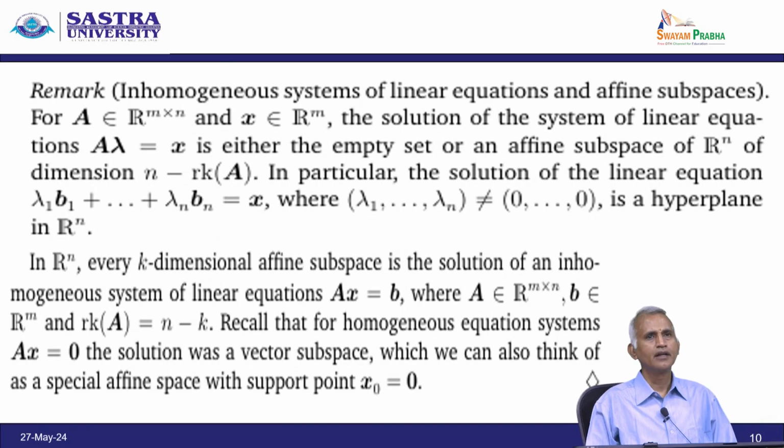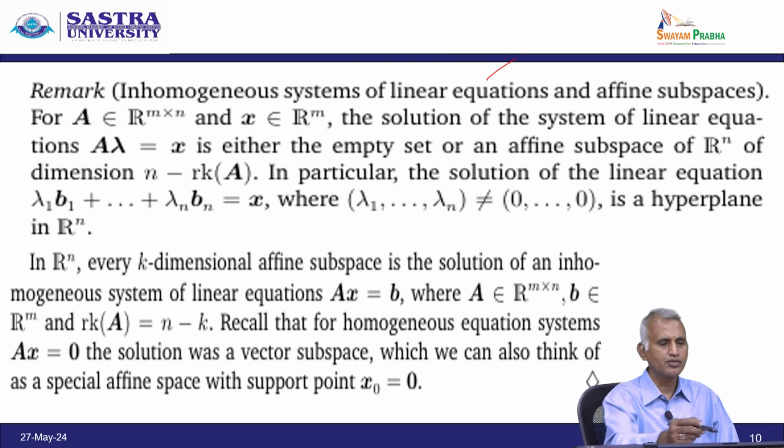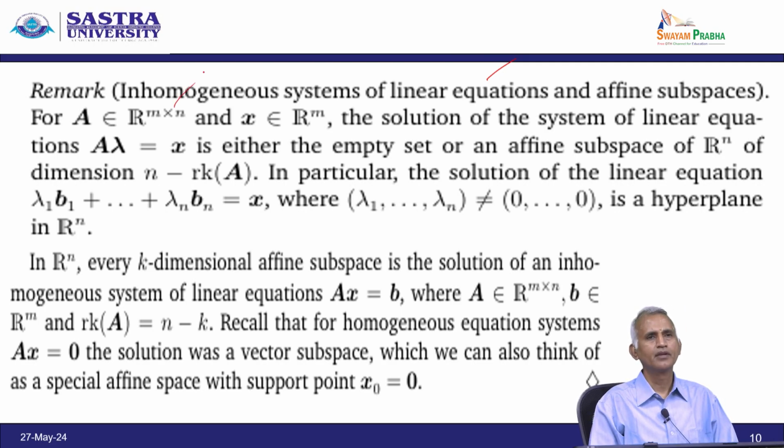So, we have a note on the inhomogeneous system of linear equations and affine subspaces. For A belonging to R of m cross n and x belonging to R power m, the solution of the system of linear equations A lambda equal to x is either the empty set or an affine subspace of R power n of dimension n minus rank of A. In particular, the solution of the linear equation lambda 1 b1 and so on up to lambda n bn equal to x, where lambda 1 to lambda n are not all equal to 0, is a hyperplane in R power n.